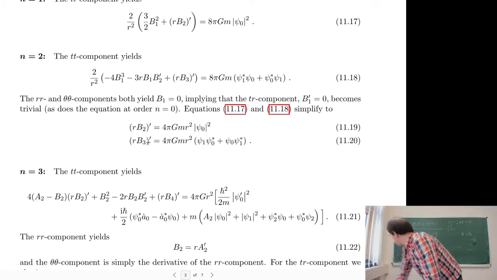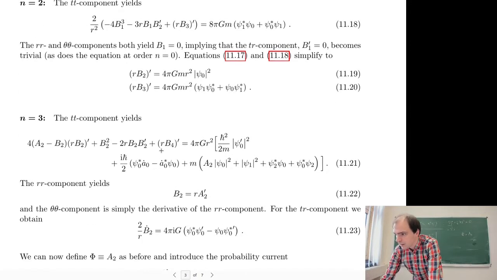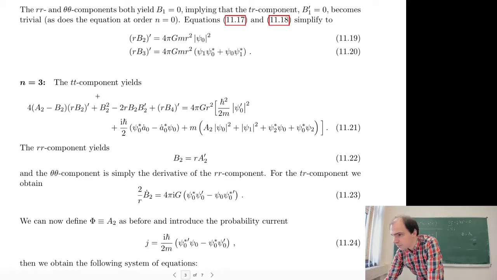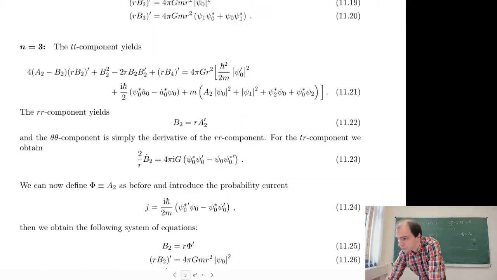So for solving the system which we have at the board, this equation for B3 is not important. And the same is true for equation 1121, the really long one, which also depends on B4 and the fields psi1 and psi2. So this will constrain those higher order terms.